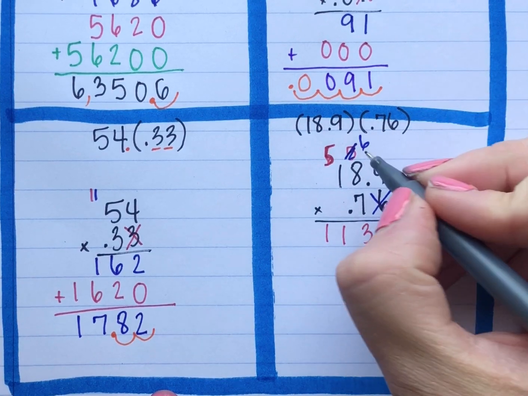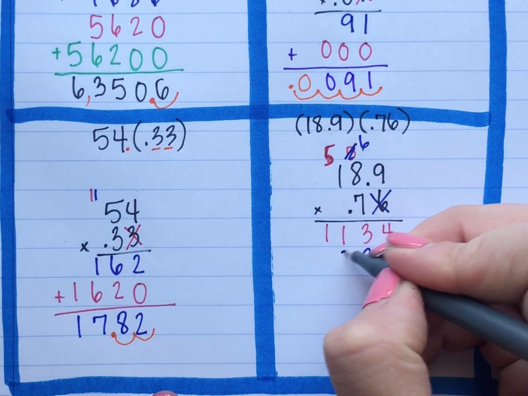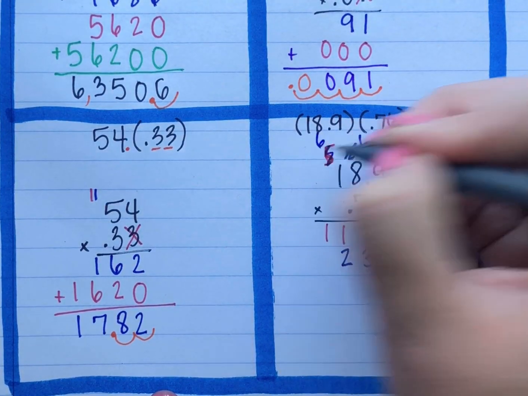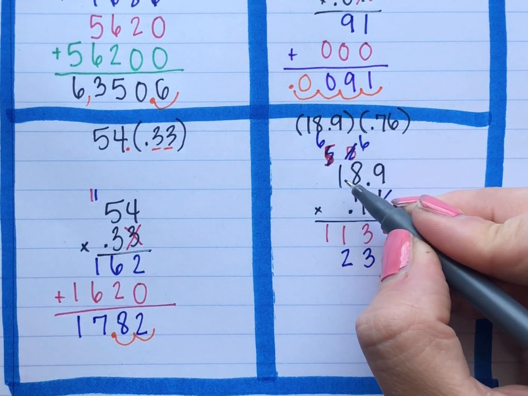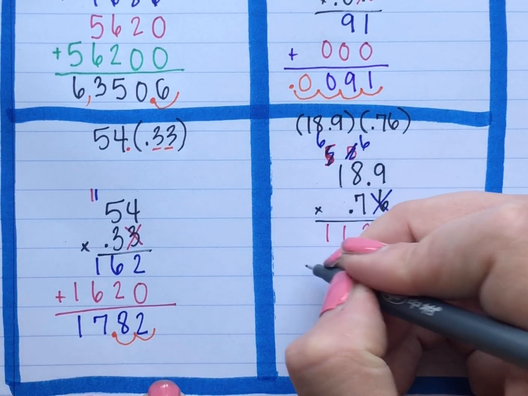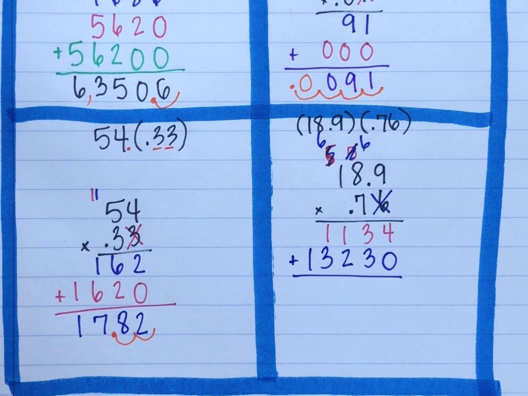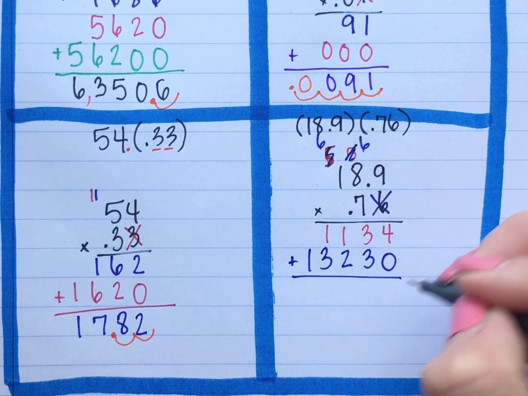So 56, 57, 58, 59, 60, 61, 62. 7 times 1 is 7, plus 6 is 13. Notice this one got a little bit bigger with our multiplication, a little bit larger numbers, which is why we're operating a little bit more on our multiplication facts, hopefully. If you don't know them, hopefully by the end of 7th grade, we might have them memorized.